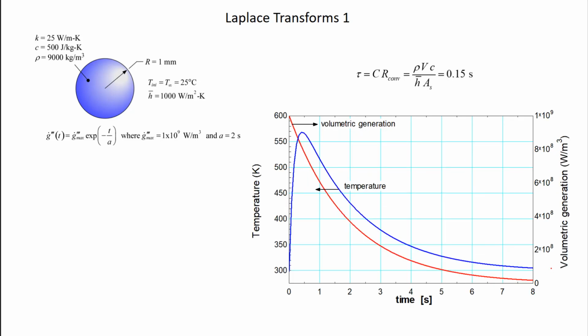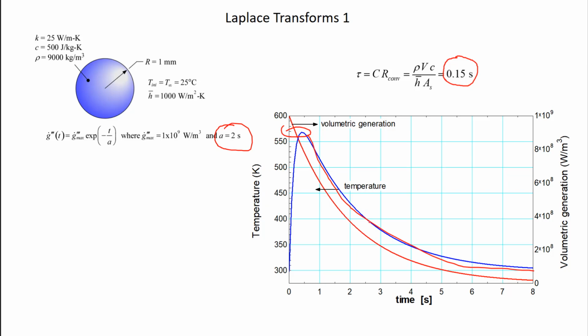If you had a different situation where you calculated this time constant and you found it was really small, and again, nothing is ever small by itself, right? Here it's really small relative to the length of this process, then you could anticipate that the object is basically, after some very short, 0.3, 0.4 second startup, going to follow right along with what the volumetric generation is doing.